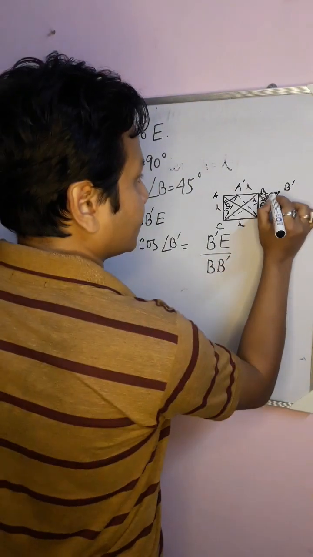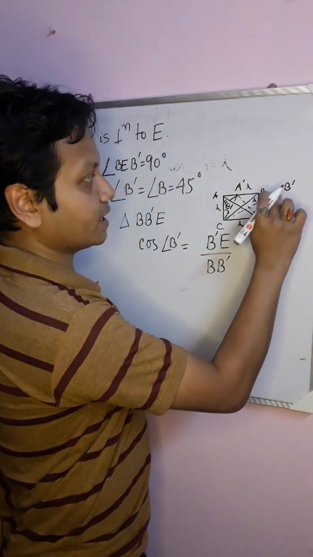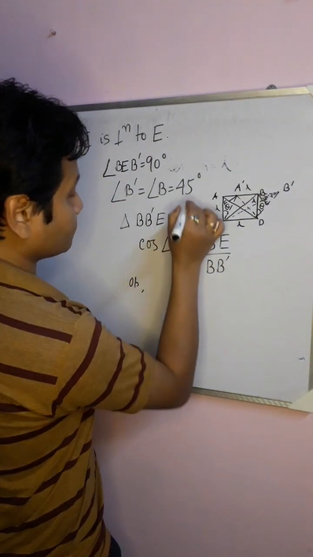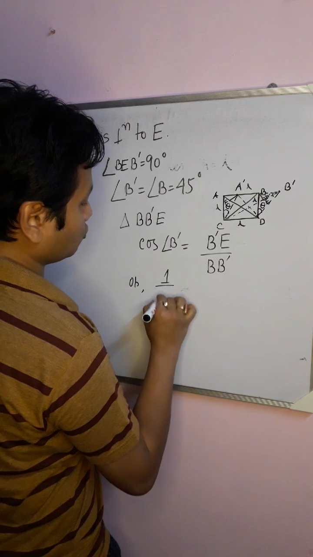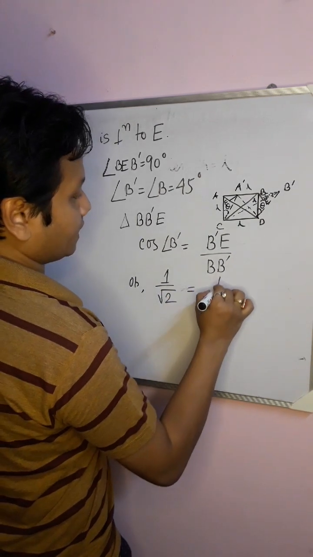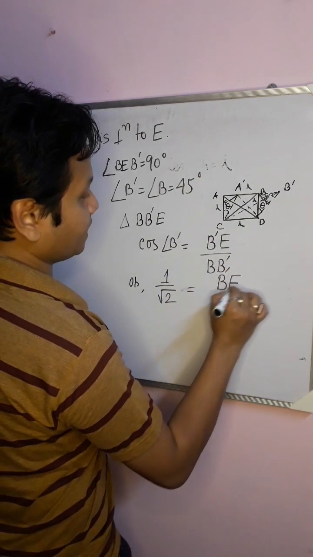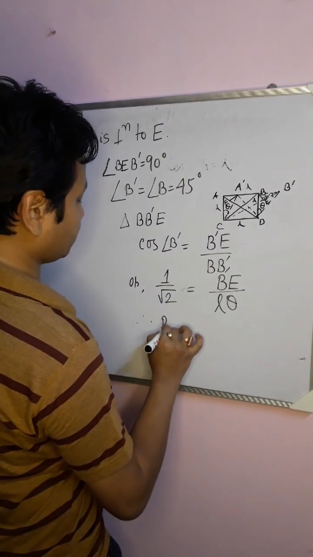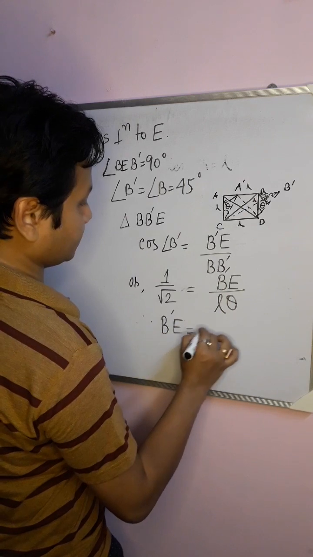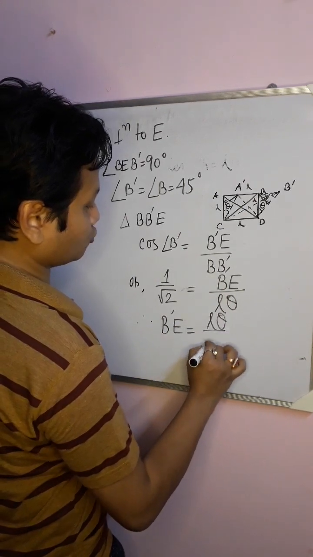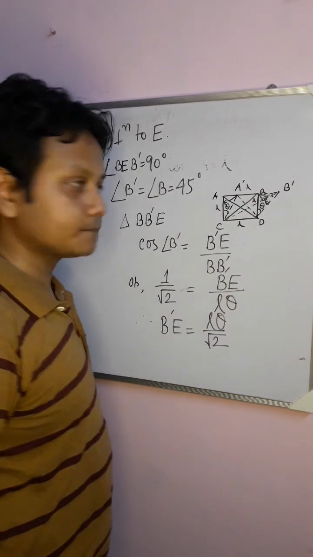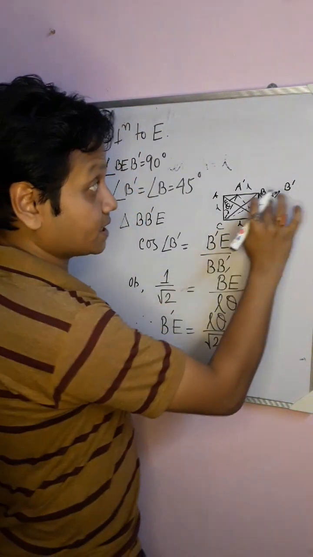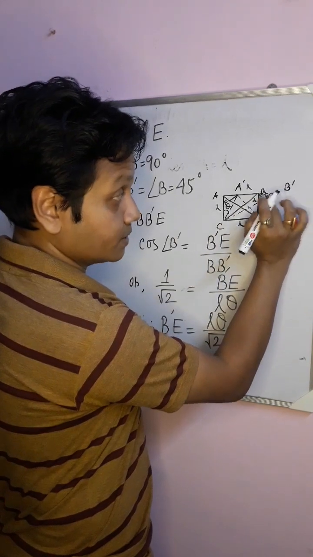This angle is 45, so the cos of this angle is 1 by root 2. This is B dash E and BB dash we previously found L theta. So what we get, that is B dash E, is simply L theta by root 2. B dash E is the extension. We have to find out the extension, that's why we calculated B dash E.